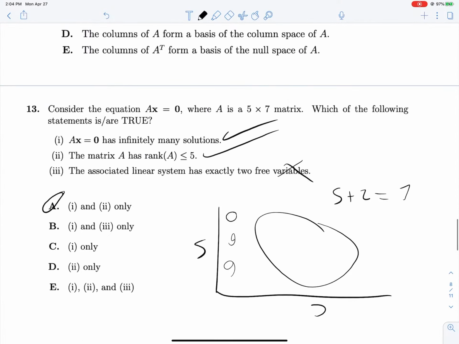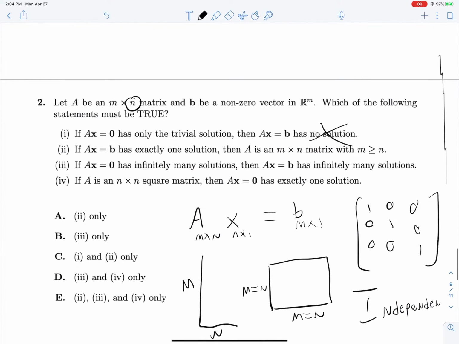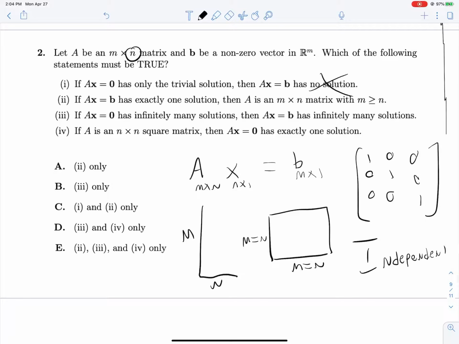So our columns need to be linearly independent.